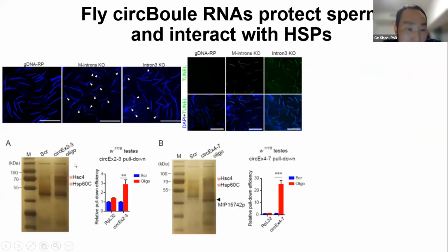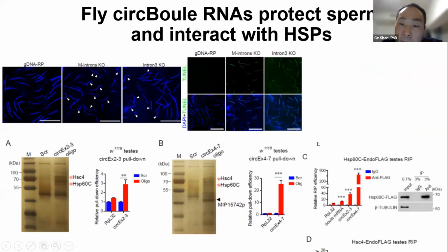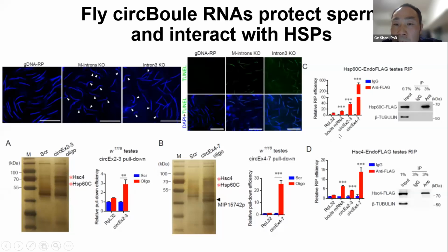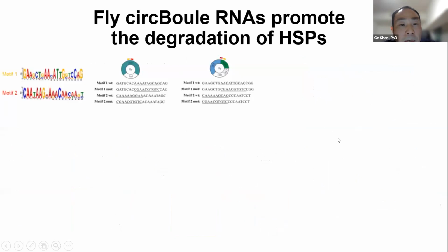By RNA pull down, we found that circBoule RNAs interact with heat shock proteins like HSC4 and HSP60C. These are in vivo experiments: we generated in vivo tagged heat shock proteins, and we can show that they interact in the fly testes.